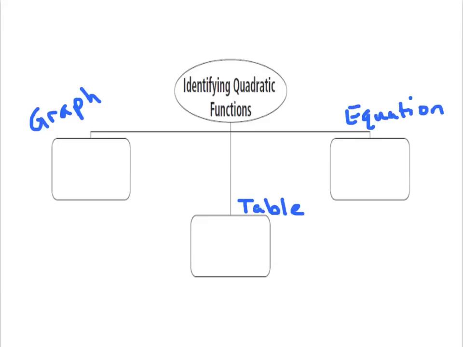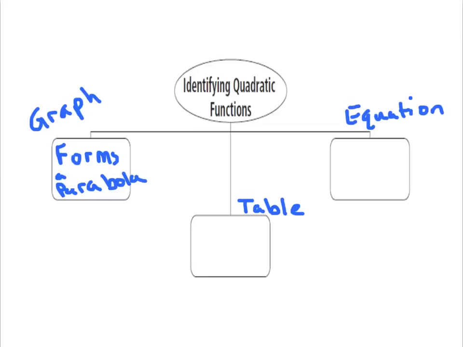Now, the easiest one is graphs, because we know that if we're looking at a graph and it forms a parabola, then it is probably going to be quadratic.